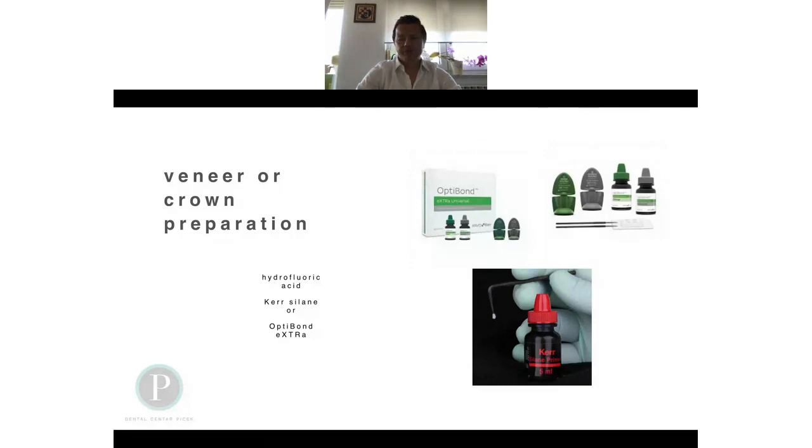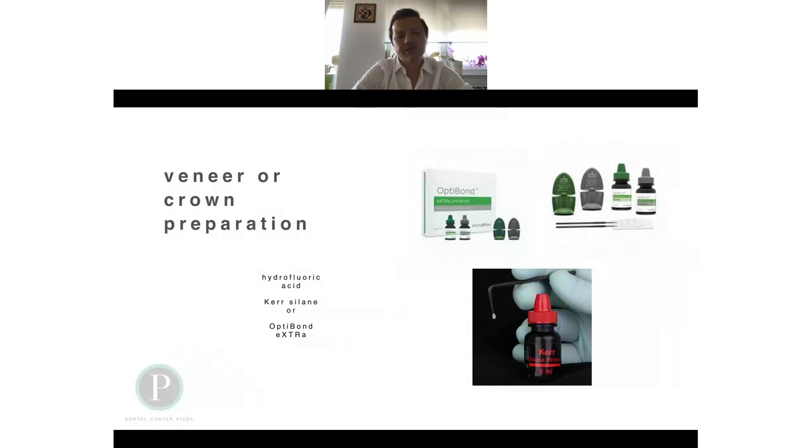But the procedure for the cementation: we have to prepare the tooth, and we have to prepare our crown or veneer. When you're using the Kerr materials and the cement that I use in this case, there is the same approach for crowns, of course, and veneers. This is all the same ceramic.